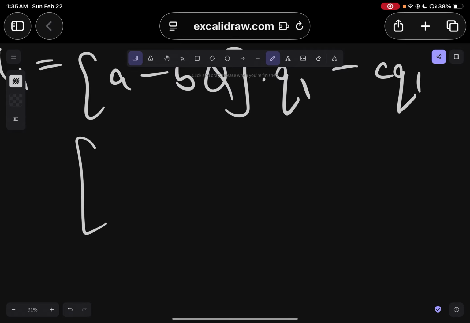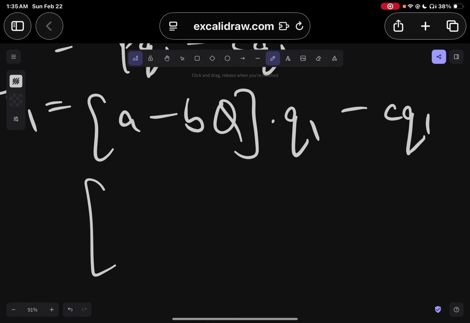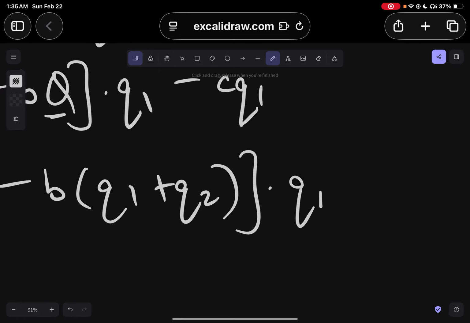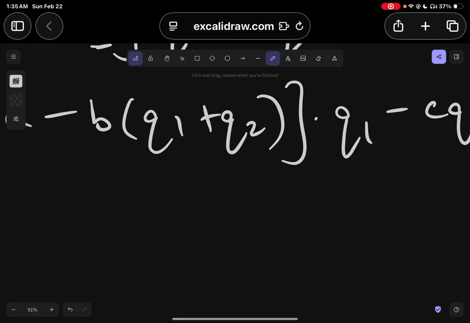First we'll open up this one. So A minus B(Q1 plus Q2), multiplied by Q1 minus CQ1.